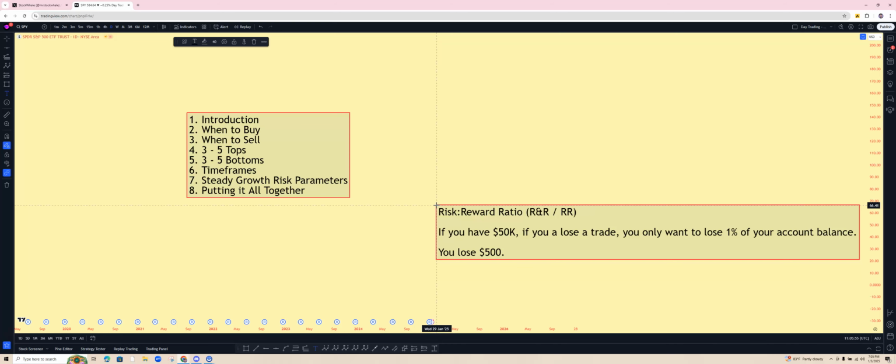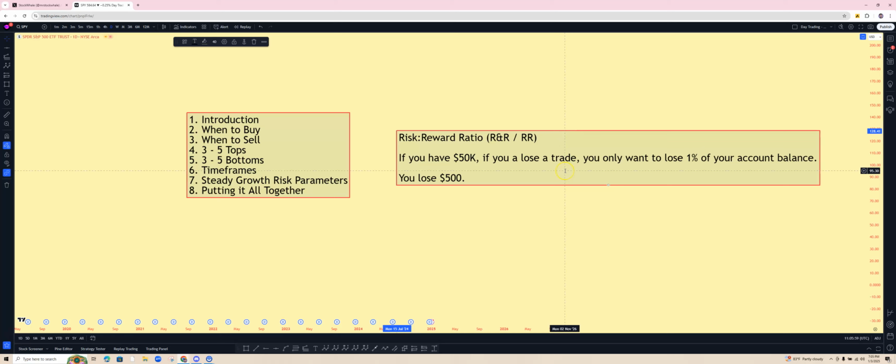Let me tell you that one more time. If you have $50,000 in your trading account and you lose that trade, it hits your stop loss, you do not want to lose more than 1% of your account balance at any given time, guys. So you'll lose $500.